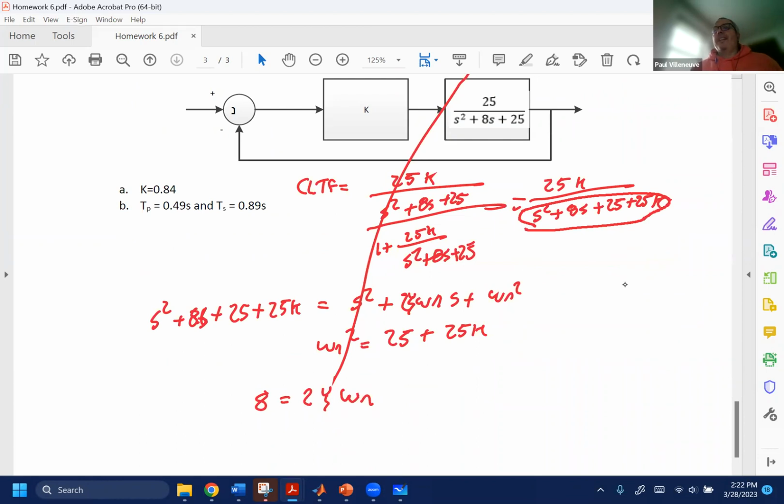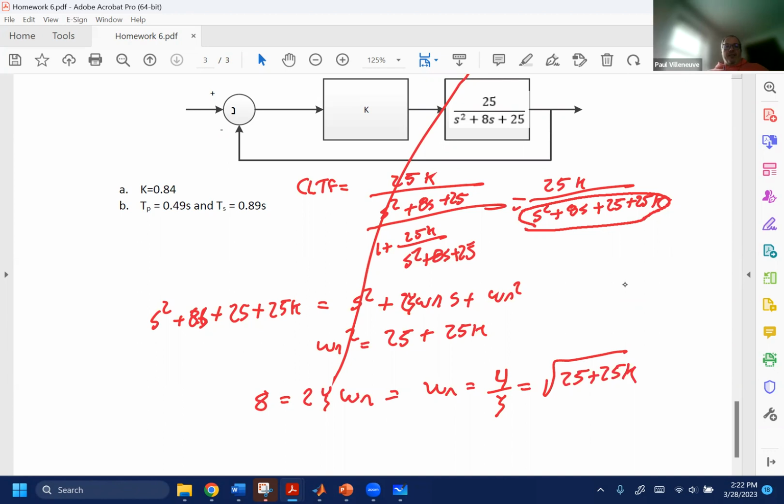Then you can plug that in and solve for your value of k. So omega sub n is equal to 4 divided by zeta. And then you set that equal to the square root of 25 plus 25k, and then solve for k.